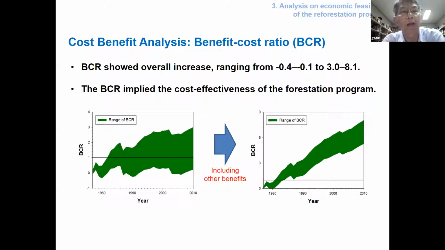So again, we are showing benefit cost analysis result. We call it BCR, benefit cost ratio. BCR showed overall increase. You see the increasing trends ranging from minus 0.4 to minus 0.1 to 3.0 to 8.1.